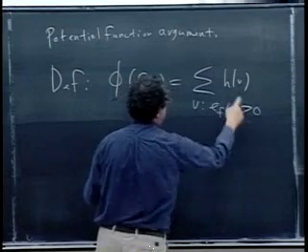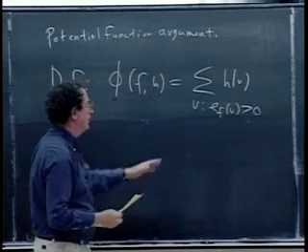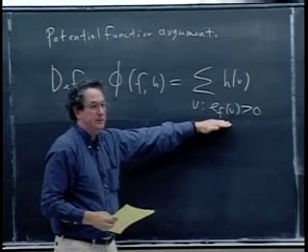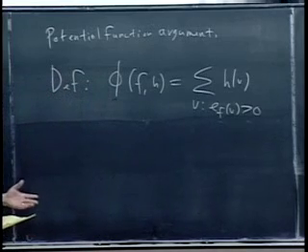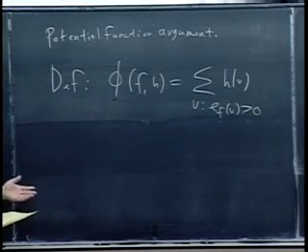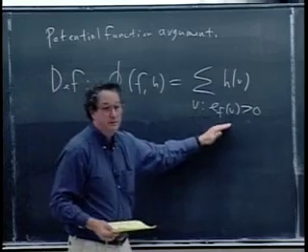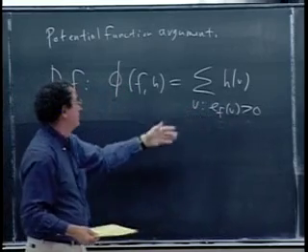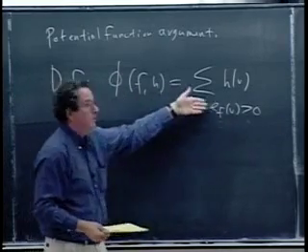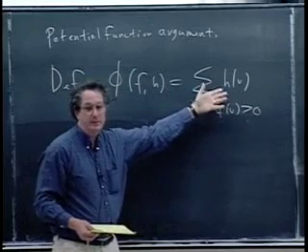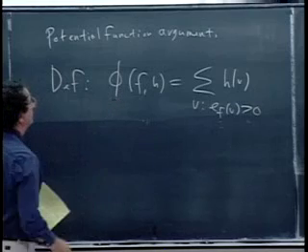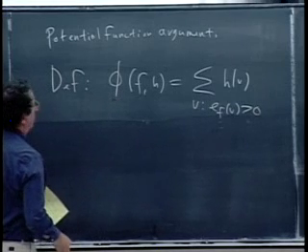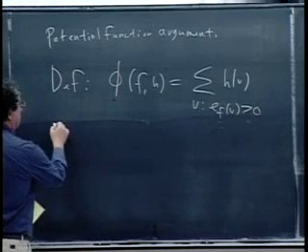So it's just the summation of the heights of all the nodes that actually have some excess. You're looking at the algorithm as it's running along, and at any given moment, there are certain nodes that have excess, and they have heights, and you can sum those up. And that's what this function is. The potential function.